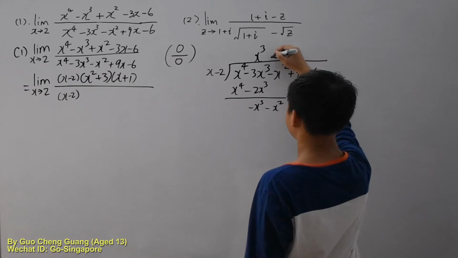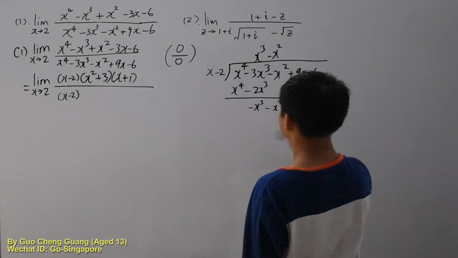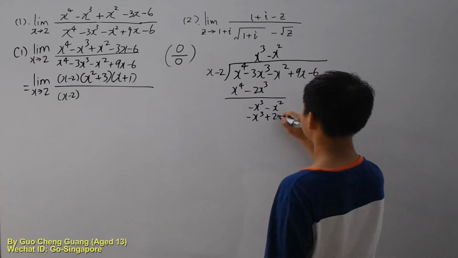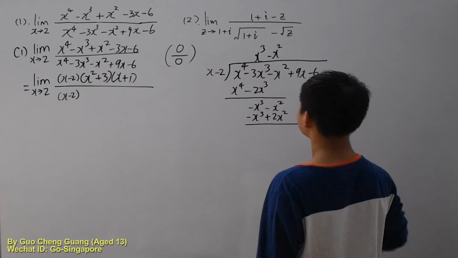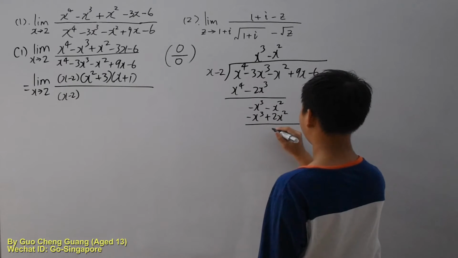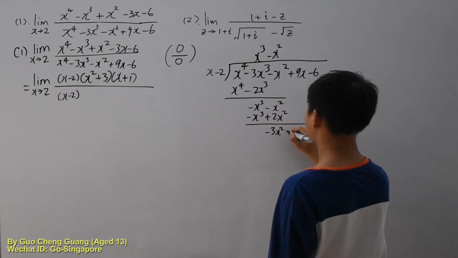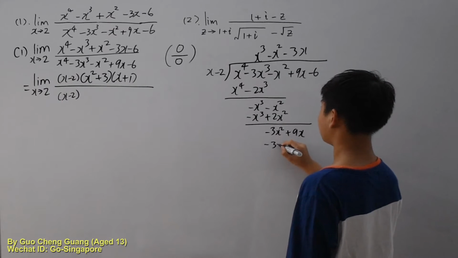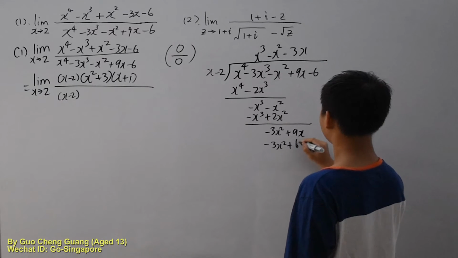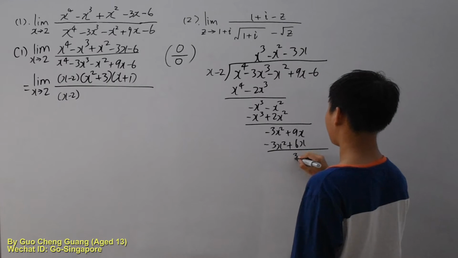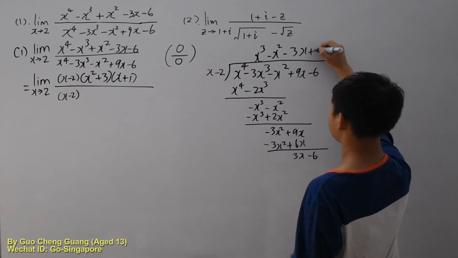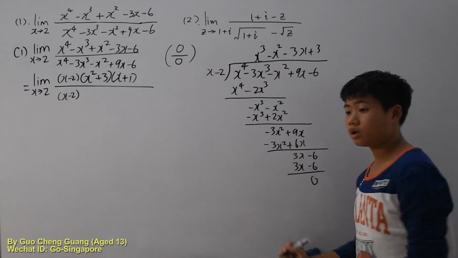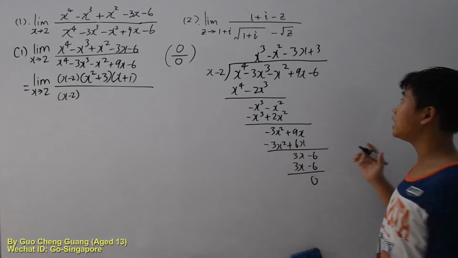Then you subtract x squared, and subtract x squared over here, and thus you get negative x cubed, then plus 2x squared. For this part it is negative 3x squared plus 9x, then subtract 3x. And here we're going to have 3x minus 6. Thus just add 3, and here it will be fully divided. And from this part, at the same time, we're also going to fully factorize it.